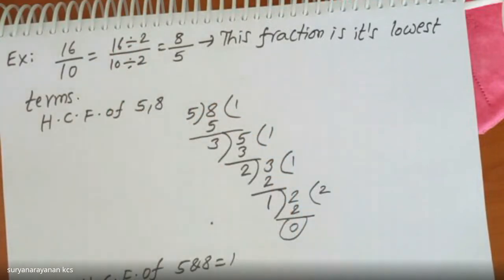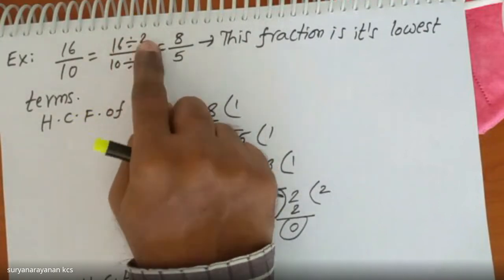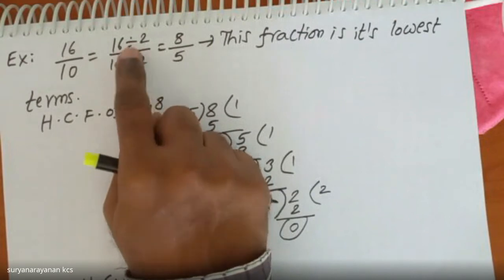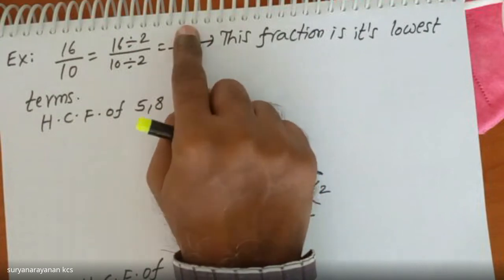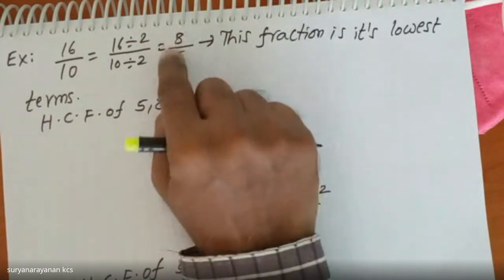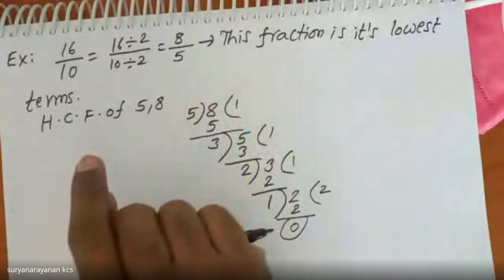What is the HCF of 16 and 10? 2, sir. If you divide the numerator and denominator by the HCF of the given numerator and denominator, then after simplification we automatically get a fraction, and this final fraction is said to be in its lowest terms. Okay, sir. Sir, if we can divide any number, like once after we divided with the HCF of 2, sir.